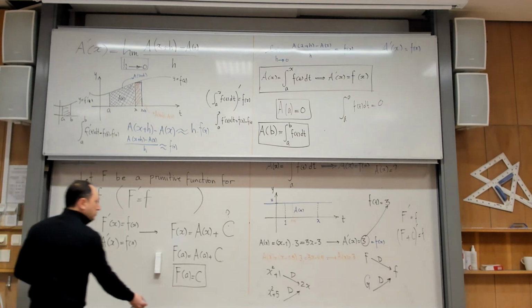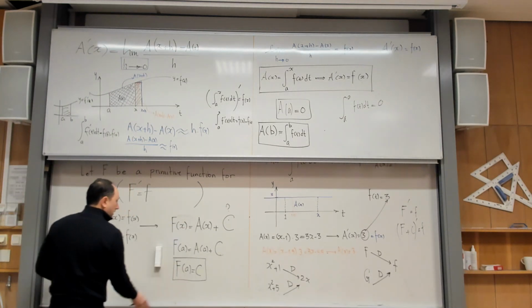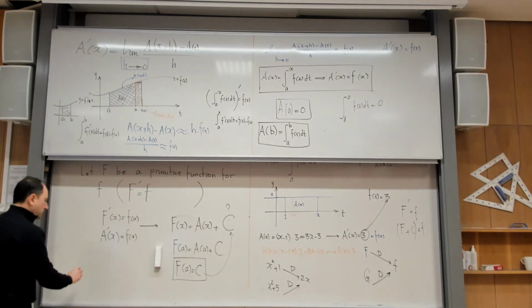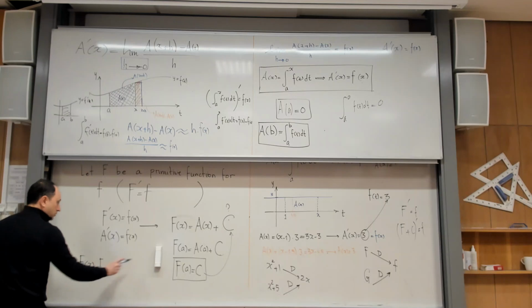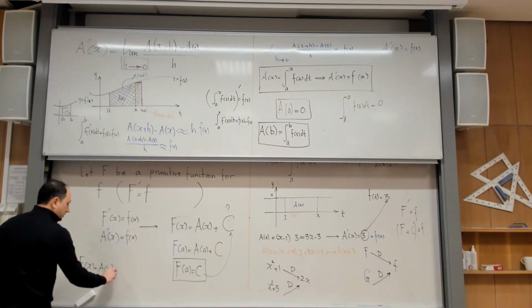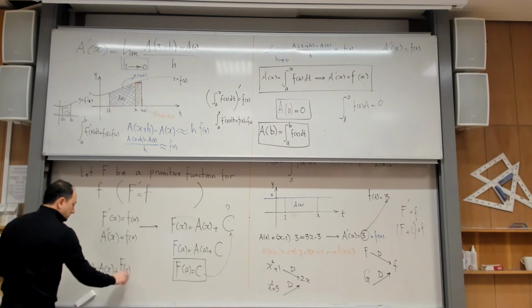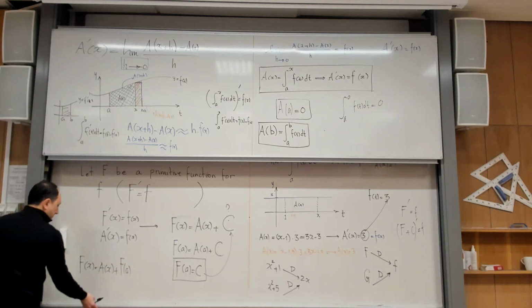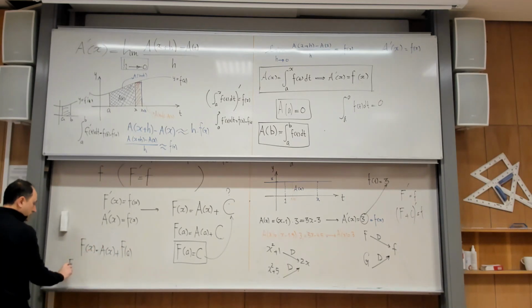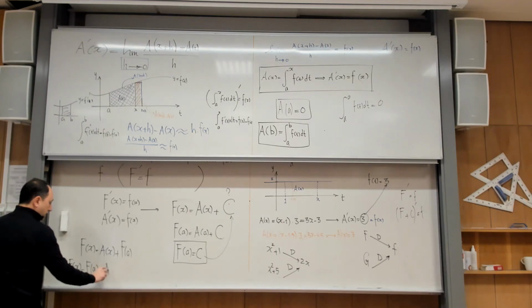Then I go here and put it back into this equation. So this becomes F of x is equal to A of x plus F of a. Agree or not? Then I move this F of a to the other side, so it becomes F of x minus F of a is equal to A of x.